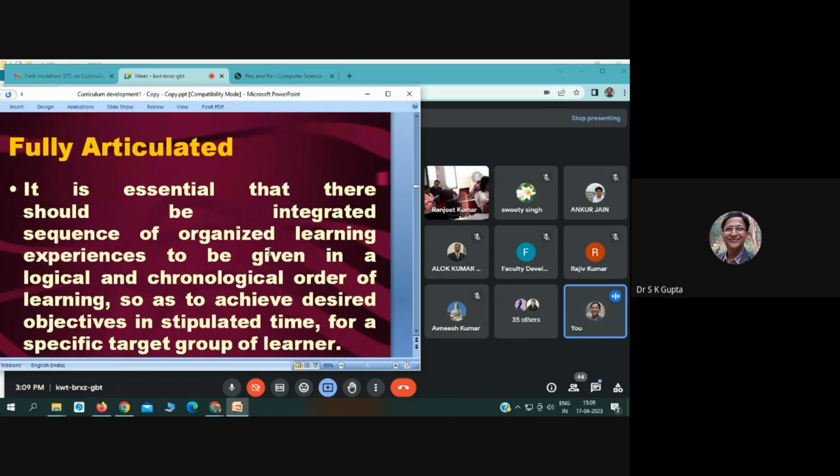Then it should be fully articulated. Fully articulated means that there should be a chronological order of learning, sequencing of learning. Because we have about 30 to 35 subjects in a diploma program and more than 45 subjects in a degree program.